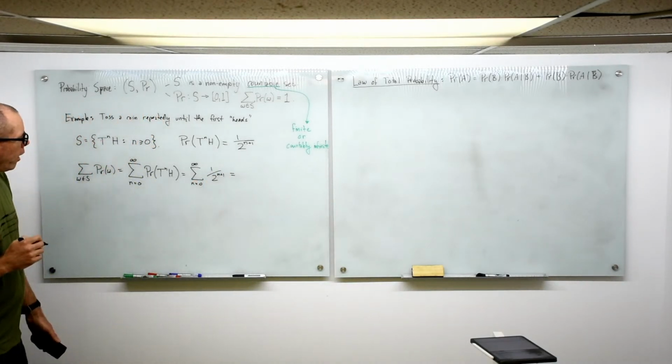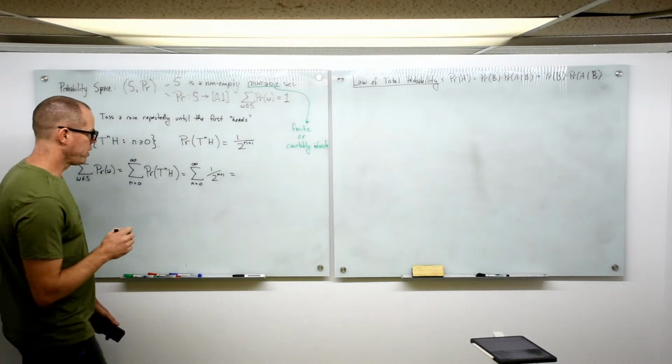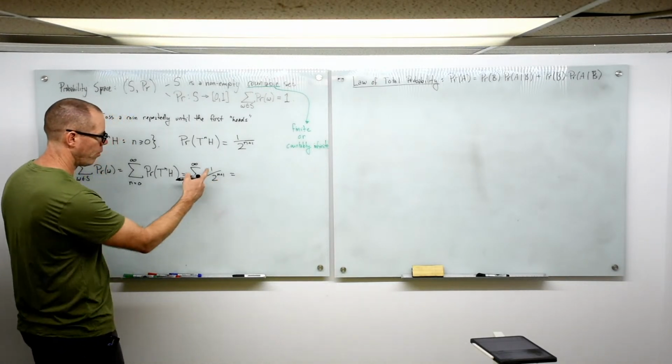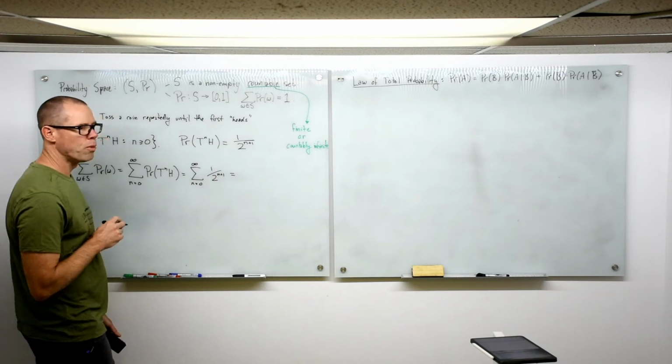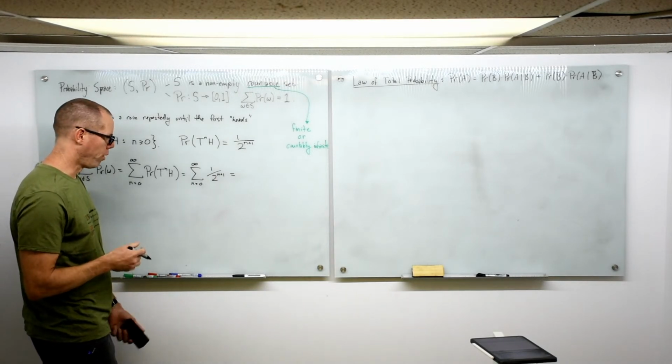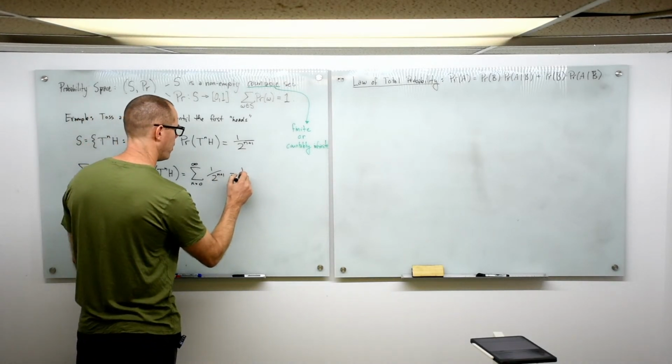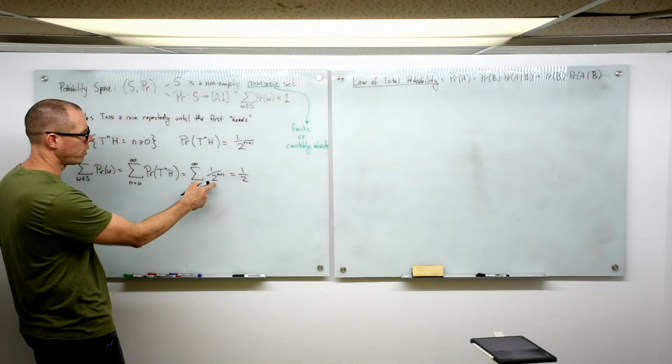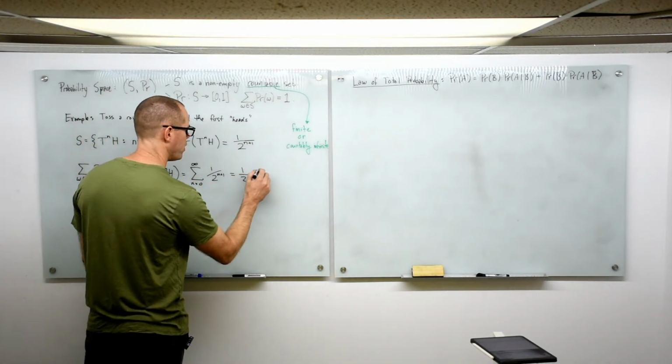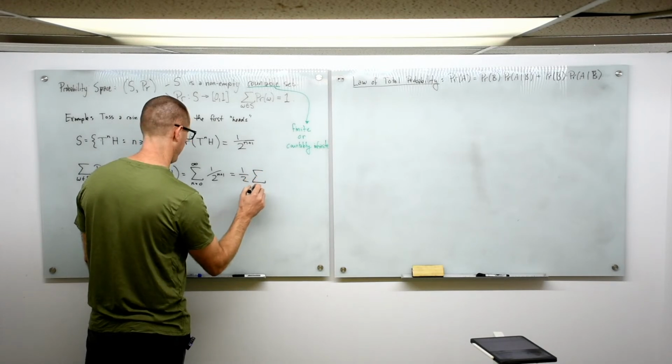And let's make our lives a bit simpler. 1 over 2 to the n plus 1 is just 1/2 times 1 over 2 to the n. So that means we have a sum, and each of its terms is multiplied by a half, so we can bring the half out front.